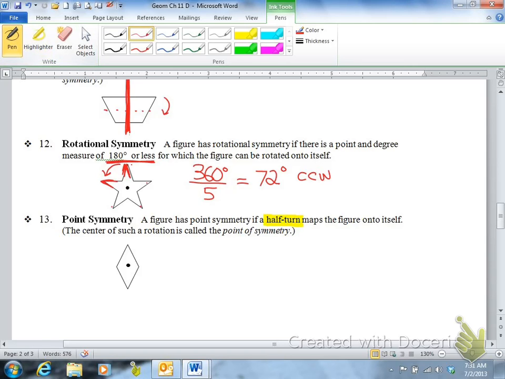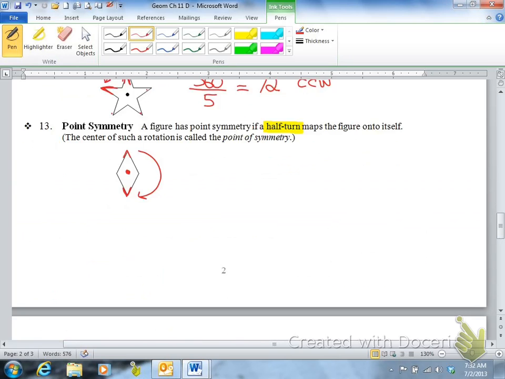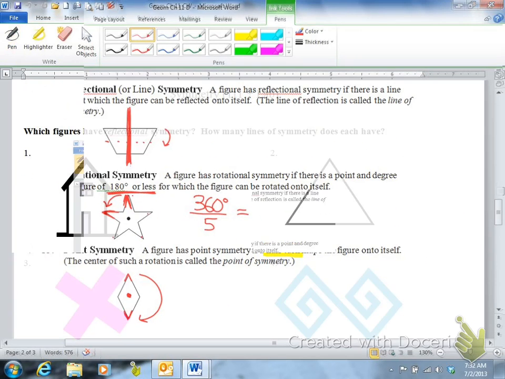The center of such a rotation is called the point of symmetry. So again, we have a point of symmetry right in the center there. If we do a half turn, hopefully you can see this top will now be at the bottom, and the sides will be in the same spot. So it'll look exactly the same with point symmetry, a 180 degree half turn. Those are our last definitions in this chapter.